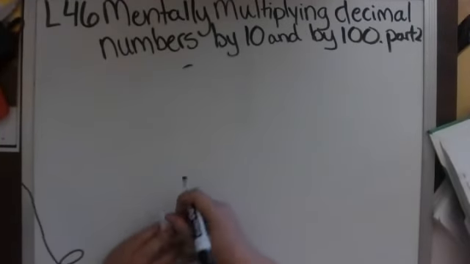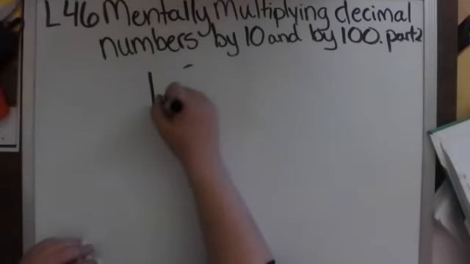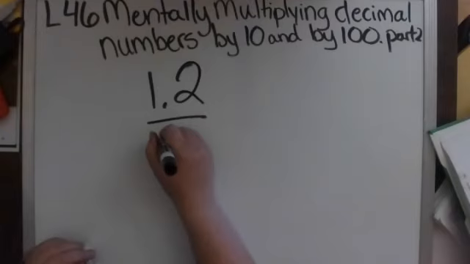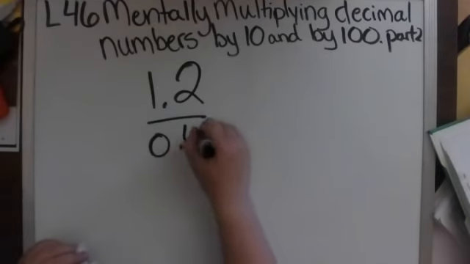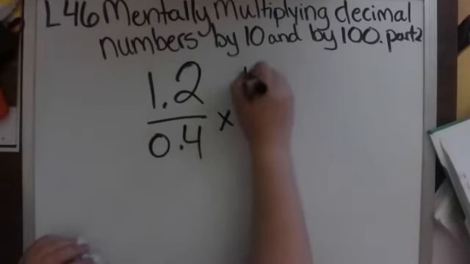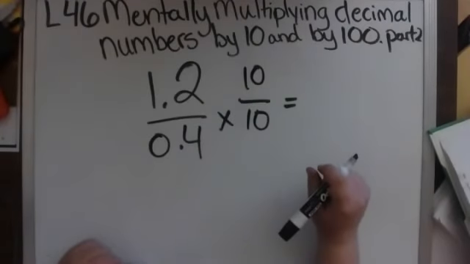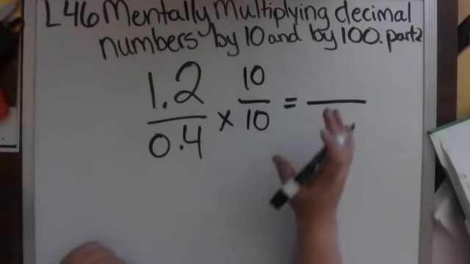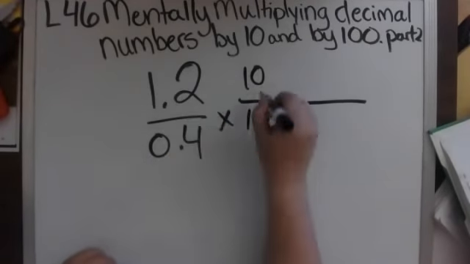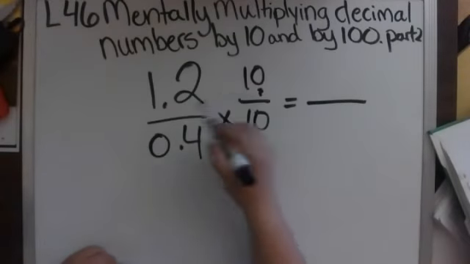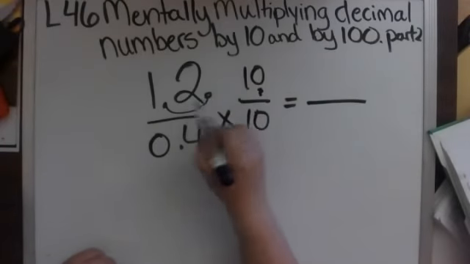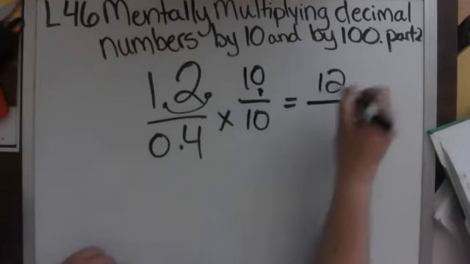We'll do one more together. This is one doing it in a fraction. And again, you can mentally do the same thing. I am moving this decimal place over once because there is 1 zero, which means my new number now would be 12.